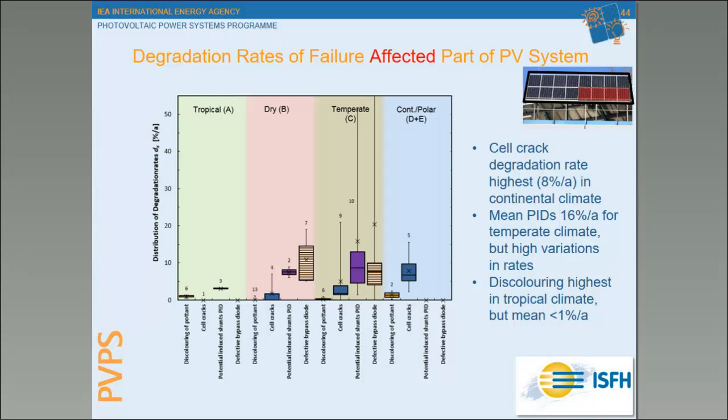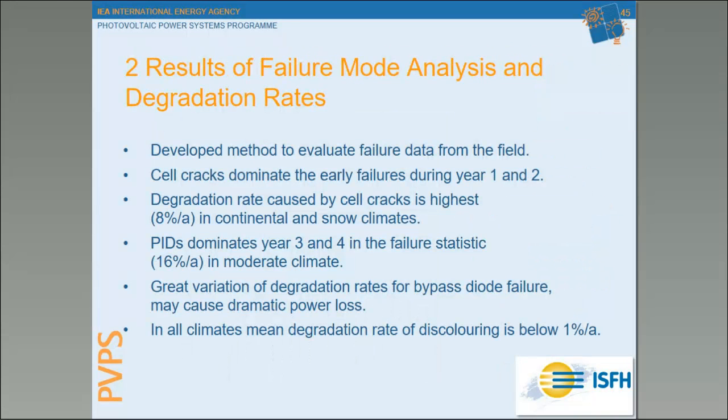Again, in tropical climate, we have the highest discoloring degradation rate, but with a value of lower than 1% per year. With this, I have summarized the results from the second method, where we have collected degradation rates with respect to the power loss and calculated different degradation rates.